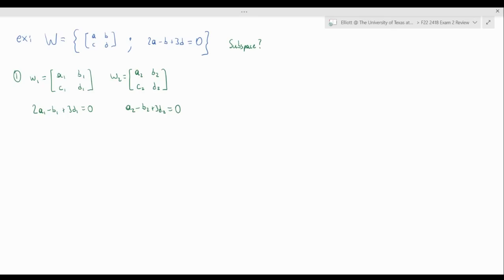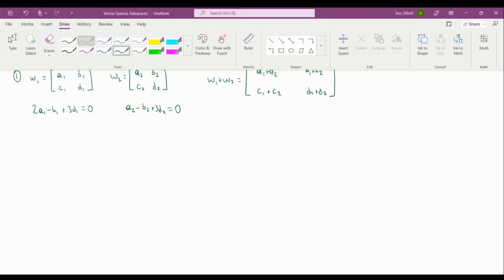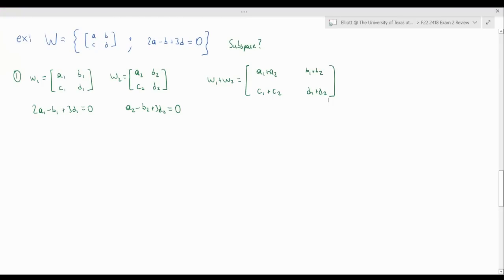Now what you need to do to check closure under addition is add the two matrices together. So if we calculate W1 plus W2, you're just going to get A1 plus A2, B1 plus B2, etc. All right, so then you get a new A, a new B, a new C, and a new D when you add them together.